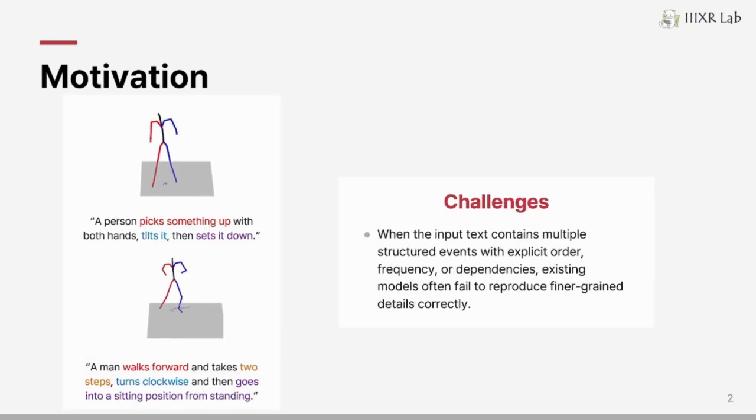However, when the input text contains multiple structured events with explicit order, frequency, or dependencies, existing models often fail to reproduce these fine-grained details correctly. This misalignment becomes a major issue when models are applied in contexts that require interpretability or precision, such as embodied agents, digital characters, or human-computer interaction.